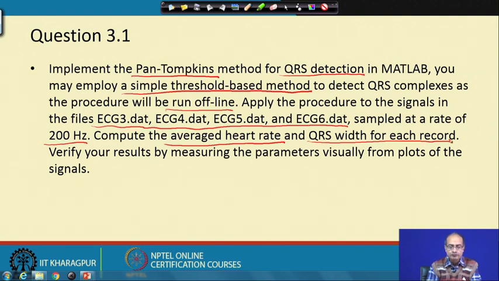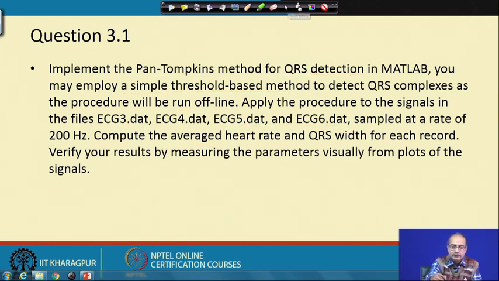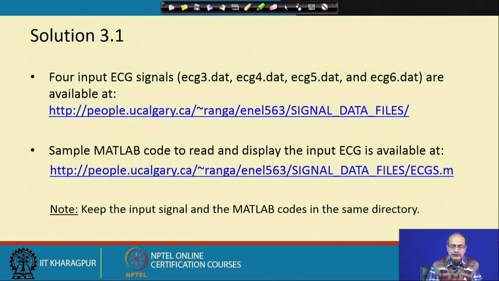So, these two we will take. Then we will check how they appear with the plots. So, this is the task, and for that first we have to look at the data.